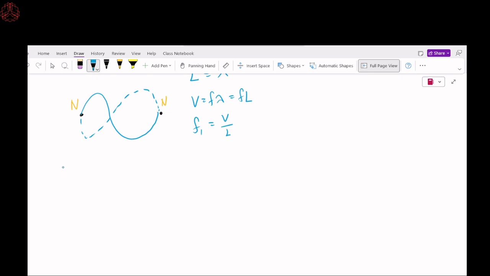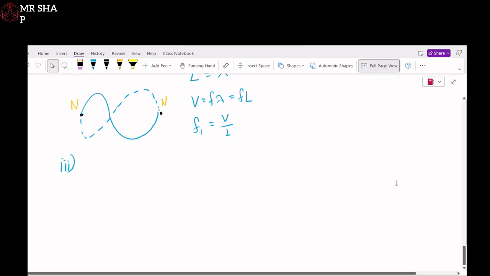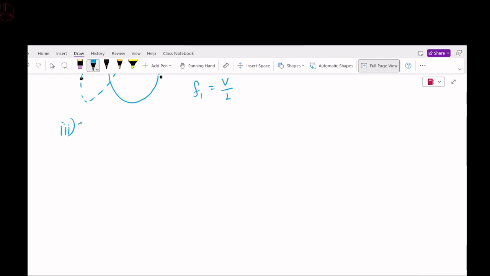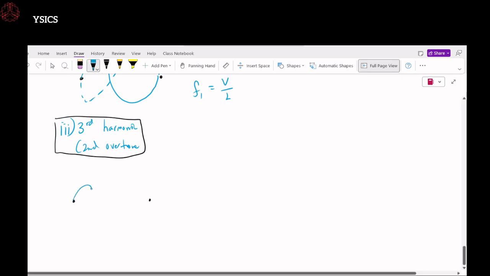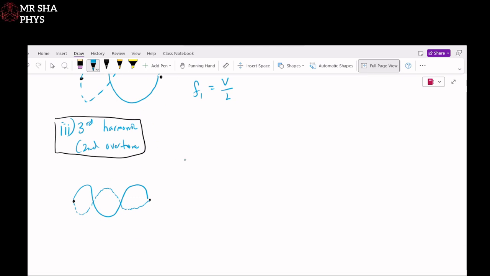Now we move on to our third harmonic, which is the second overtone. Again, I can have the ends of the string, then I can draw out the standing wave that will form on the string. It will look like that. Here my length is going to be, how many lambda is this? 1.5, so 3/2 lambda.